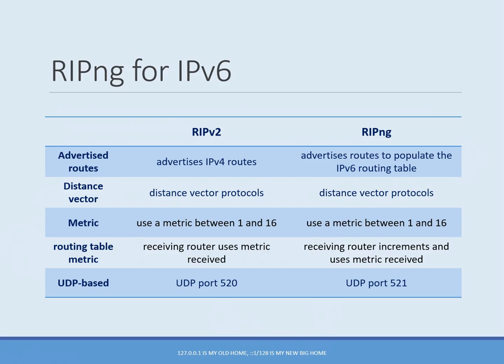And for the UDP protocol, both routing protocols, RIPv2 and RIPng, use the UDP protocol, but RIPv2 uses port number 520, while RIPng uses UDP port 521.